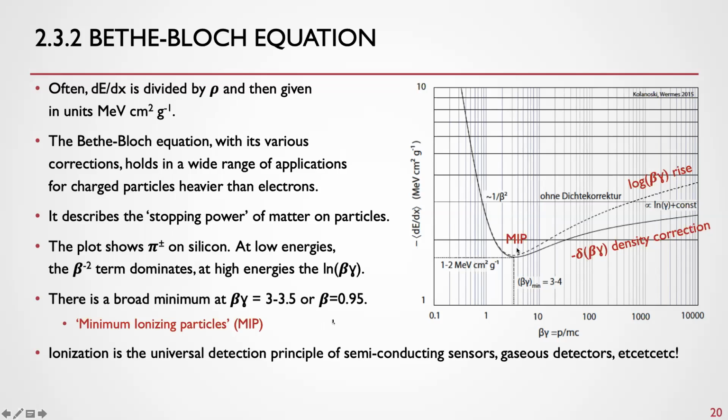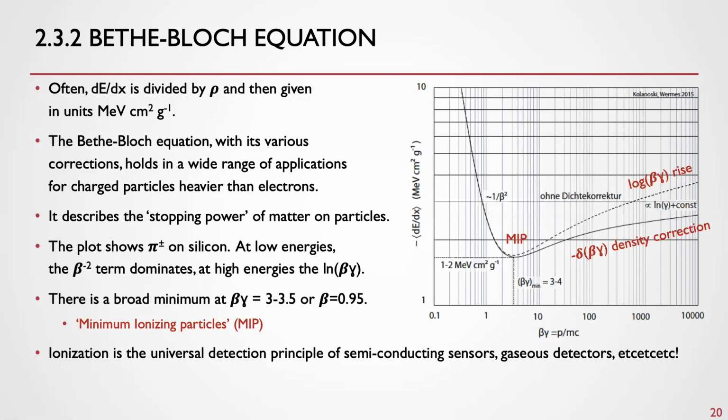The energy loss of those particles, pions of 95% of the speed of light, lose the least to ionization. That's important because it also tells you what, in your typical detector application, imagine you have a complicated jet and each shower, they produce plenty of particles.